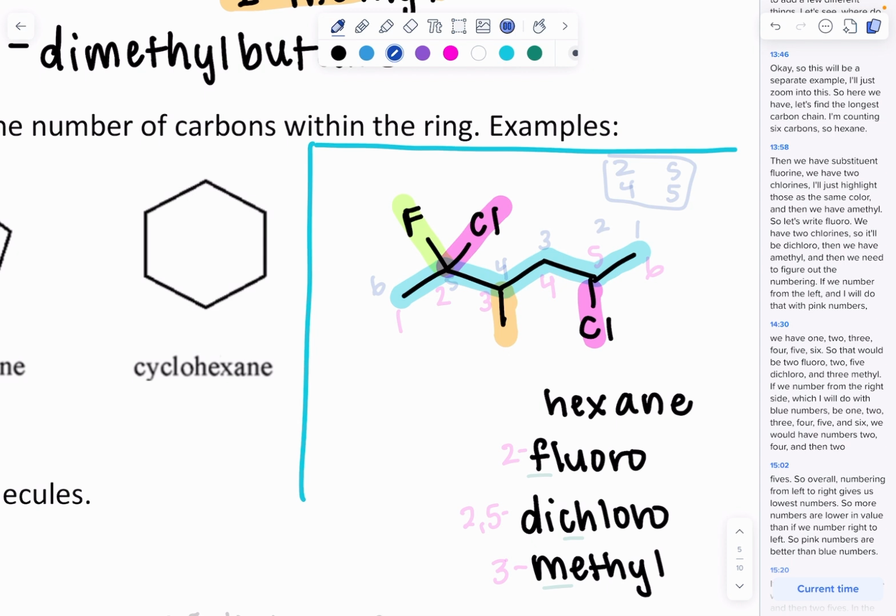If we number from the left, and I will do that with pink numbers, we have 1, 2, 3, 4, 5, 6. So that would be 2-fluoro, 2,5-dichloro, and 3-methyl.